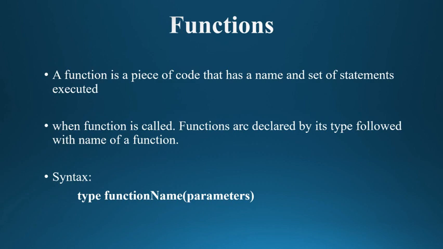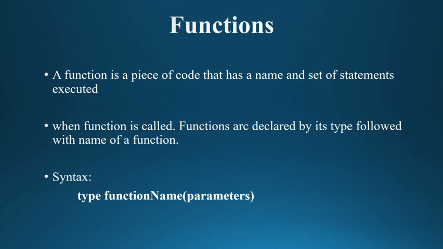The next topic is about functions. A function is a piece of code that has a name and a set of statements that are executed when the function is called. Functions are declared by their type followed by the name of the function. Basically, a function is a set of activities to be performed under a particular name.